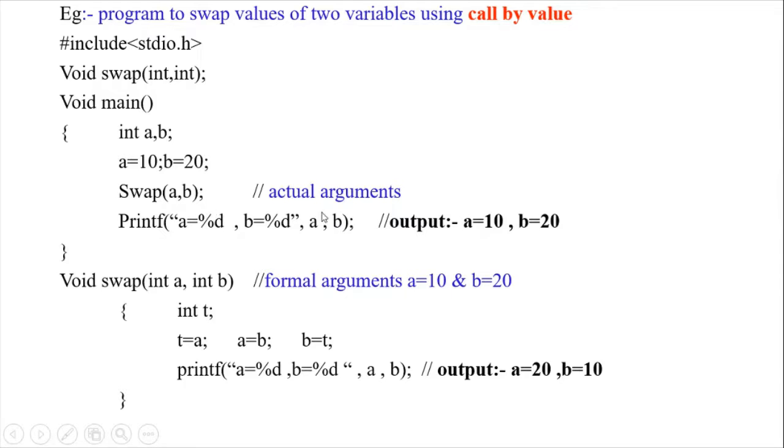Here a and b in main are the actual arguments. In the user defined function swap, this a and b are local to this function. This is a formal argument, so whatever changes you make in the formal argument will not reflect in the actual argument. This is the difference that you have to point out in the case of call by value.